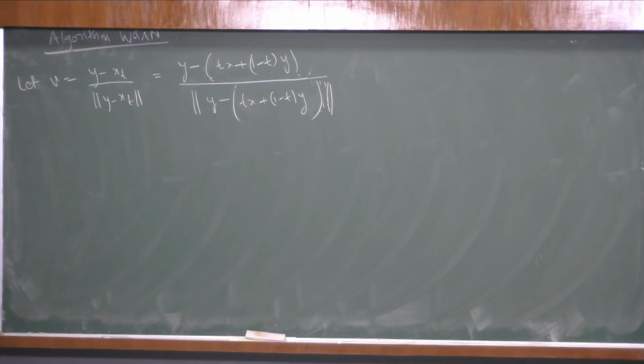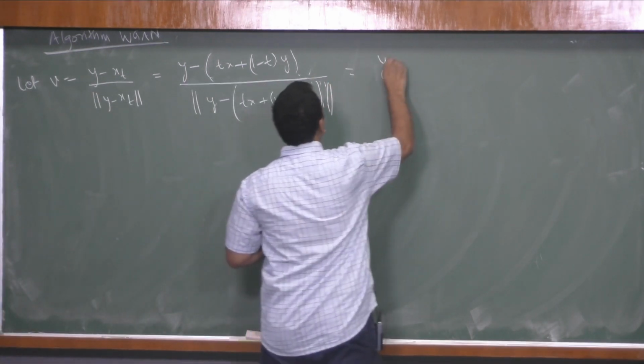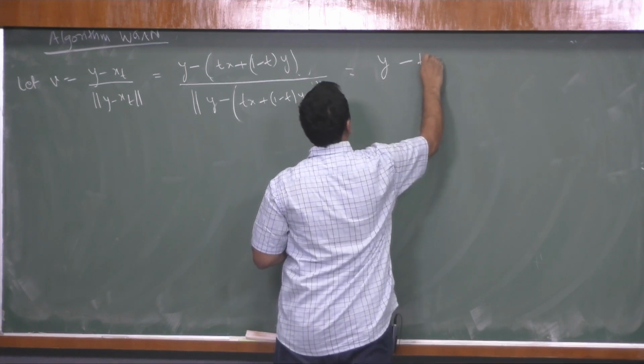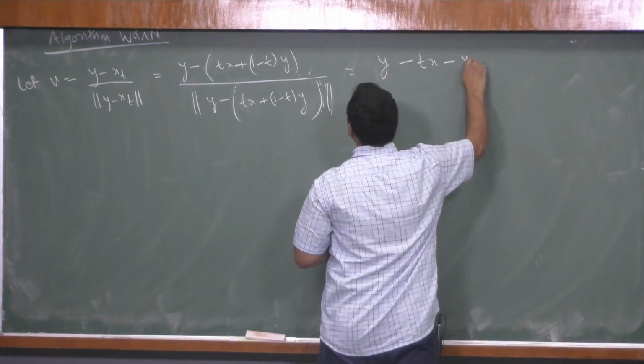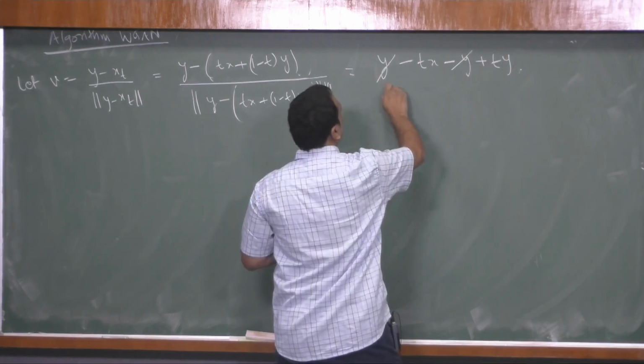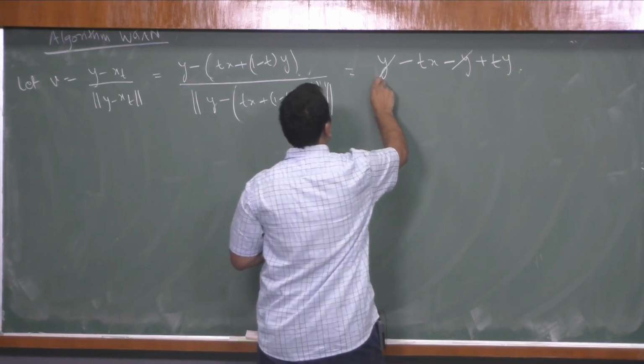Right? Then what comes out should be y minus x or something. So let us solve for this. So y minus tx minus y plus ty. So t of y minus x we can see here.